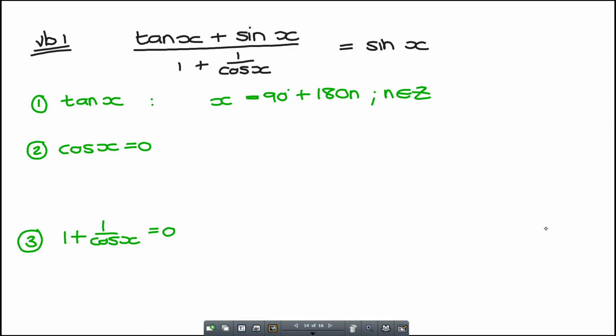Okay, so, ek gaan nou hier skryf, kwadrant 1, gaan ek hê, x is gelyk aan 90 plus 360n, en n is 'n element van heelgetalle. Okay, dan ook in kwadrant 4. Kwadrant 4 gaan ek hê 360 minus that 90.